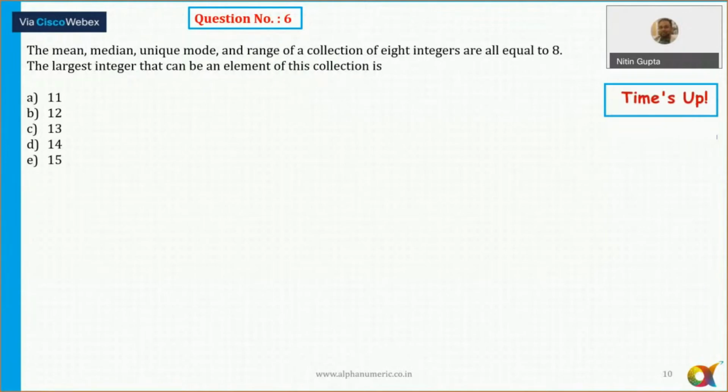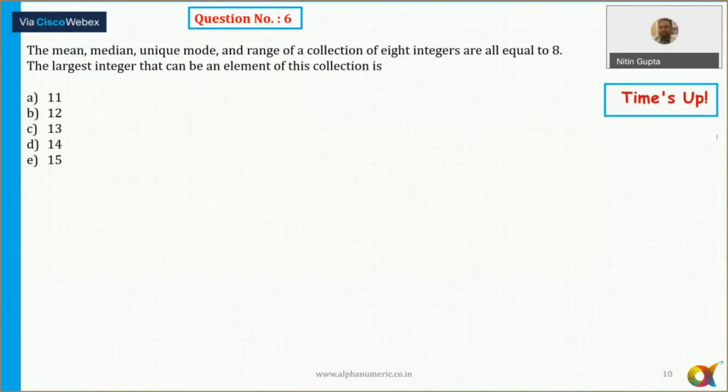Okay, time up. So time is up. Let's start with the discussion now. Anyone? Apeksha is saying option B, which is equal to 12. We'll see that. Anyone else?